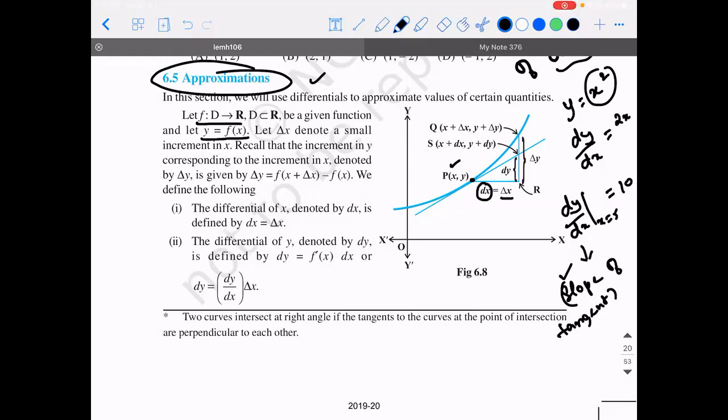So when will we generally use d? When it is an infinitesimally small value, when the limit is tending to 0. And generally we use delta when it is an average value. So here we are approximating dx to delta x.